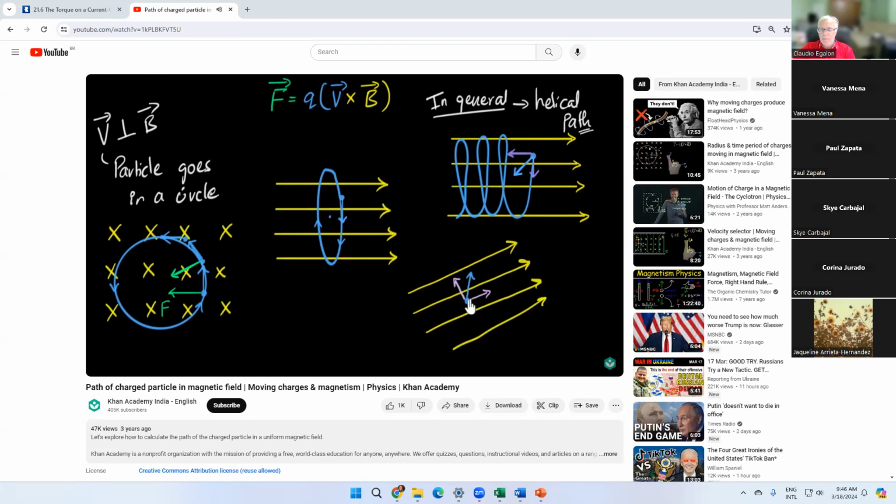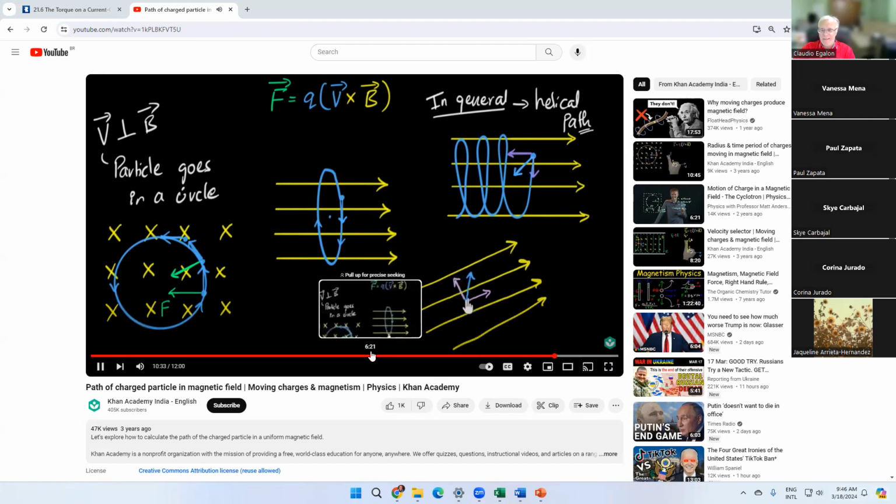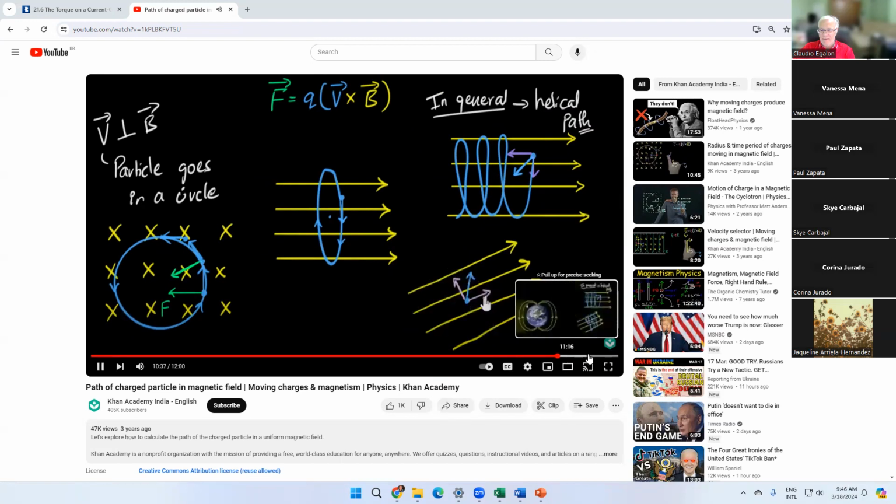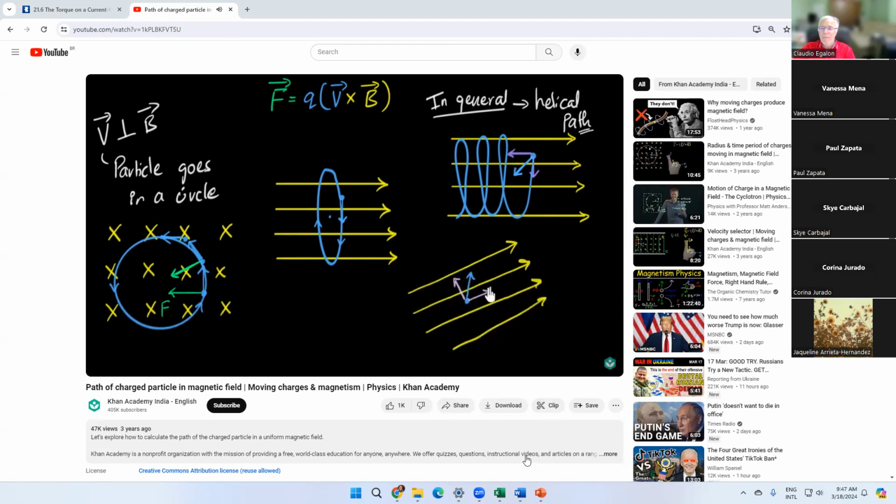And so the center of that circle is also going to be out of the screen. As a result, the way I visualize this, the electron will come out of the screen, go into the screen, come out of the screen, but at the same time, it's going to go forward. And so the net motion will be a helical path that will look like this. This is not a great helix, but you get the point. This is how it's going to go.